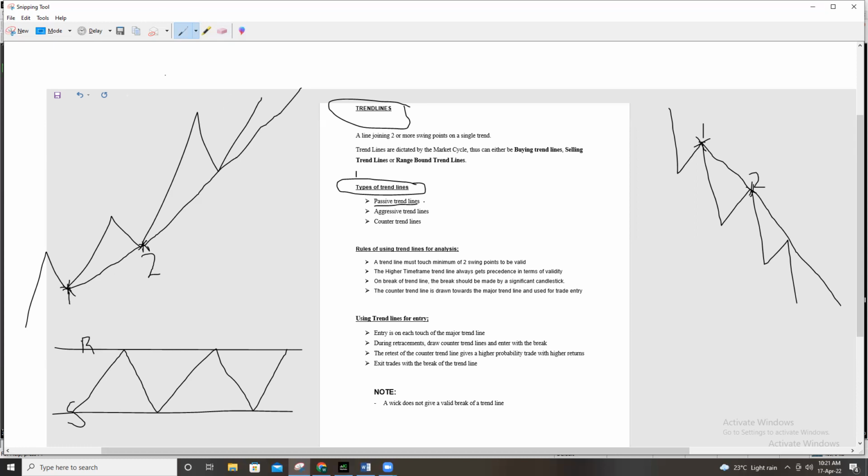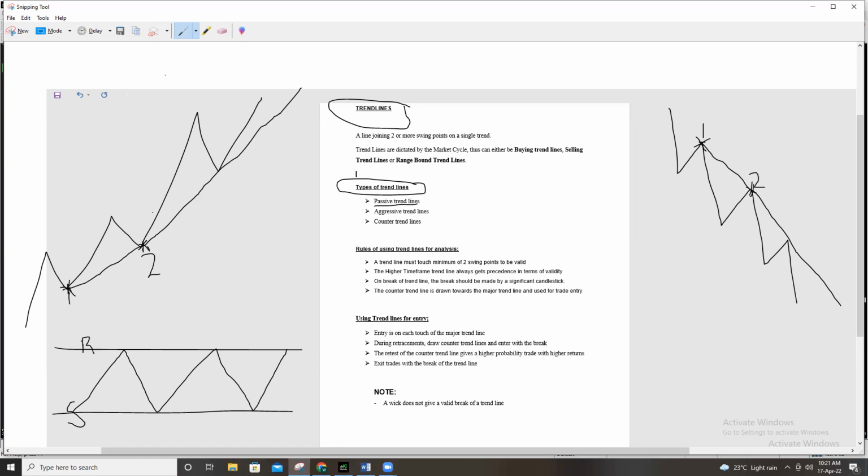Note, a trend can have so many trend lines inside of that trend. You'll understand more when we get to an actual chart, but let me just explain. The passive trend line is the one that touches the most external, because there is no market below these swing points.